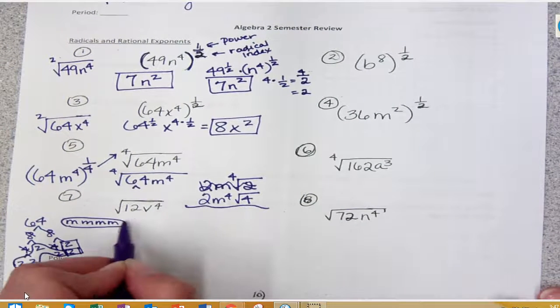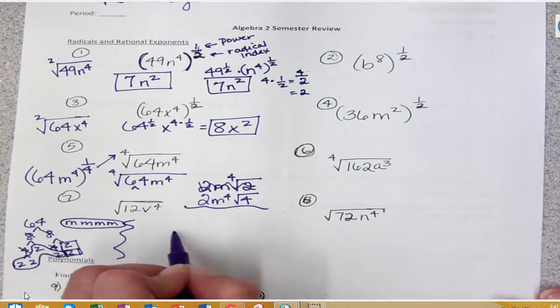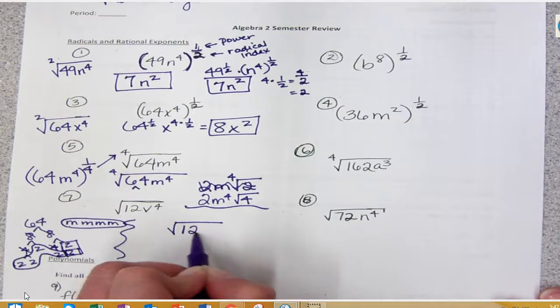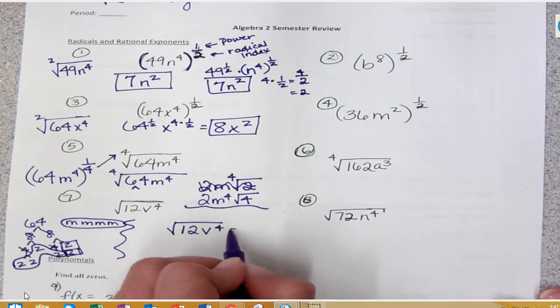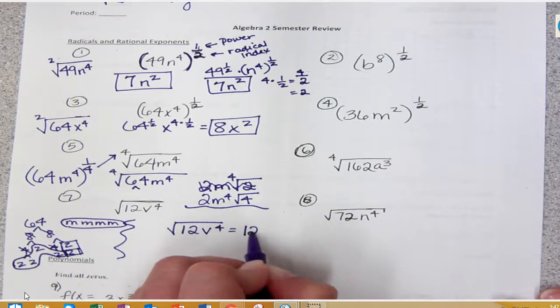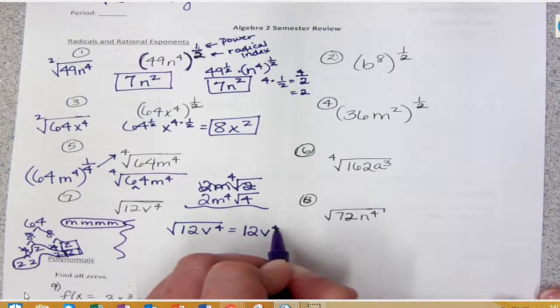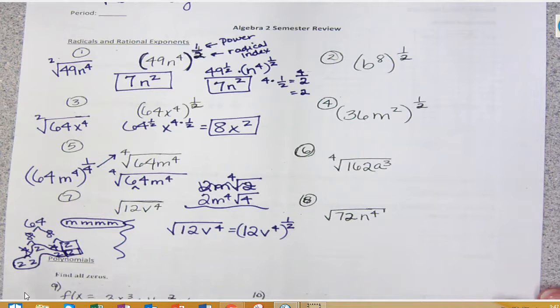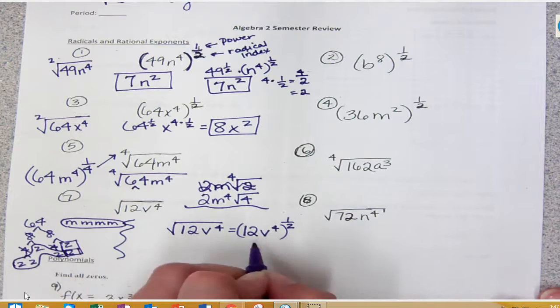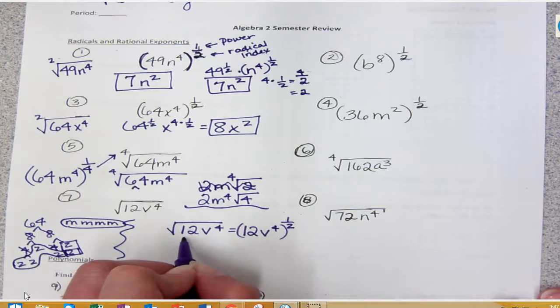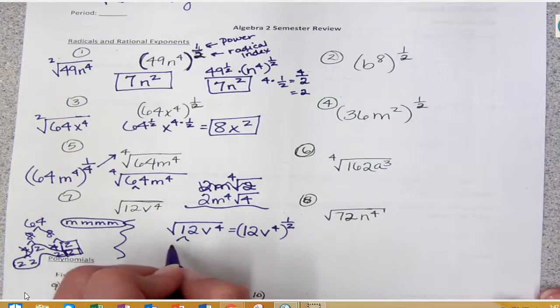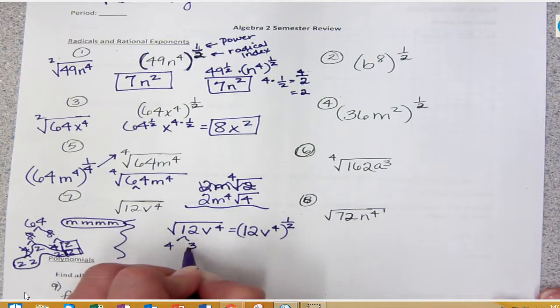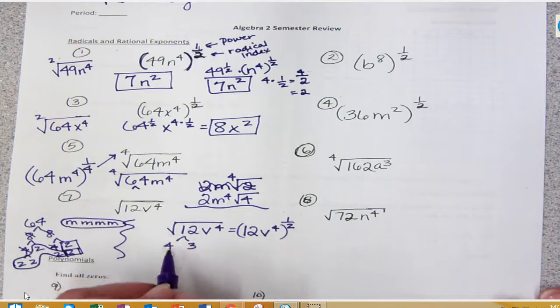Lastly, it's kind of getting messy, sorry. The square root of 12v to the 4th. Again, that could be written as 12v to the 4th to the 1/2 power. Those are equal to each other. So if we break down 12 into 4 and 3, because 4 times 3 equals 12, then 2 times 2 equals 4.